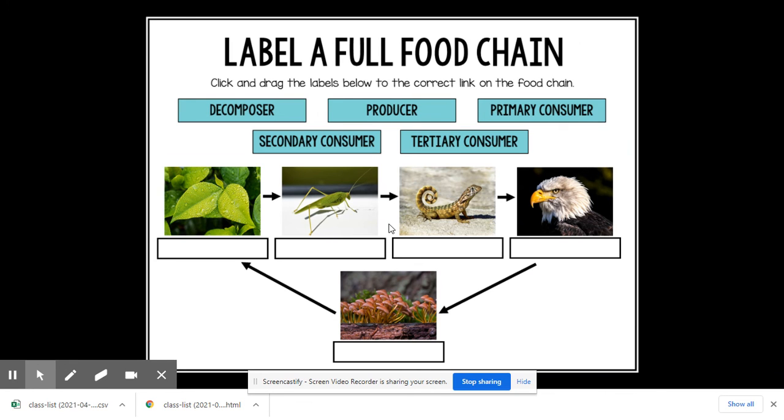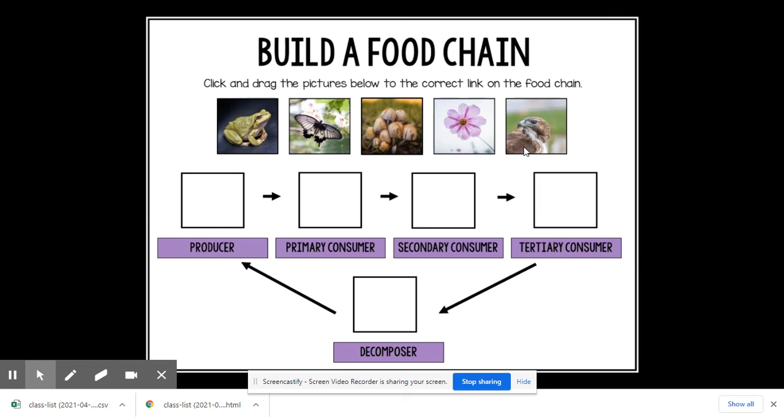Then right here, you have a more complex food chain. Again, these words at the top are out of order. When you are done, you will check your answer on slide 7. Then this one's getting more complicated. We have a decomposer. Remember, that ends our food chain.